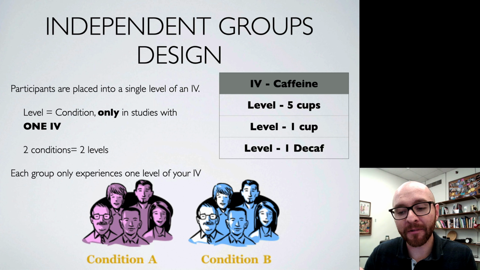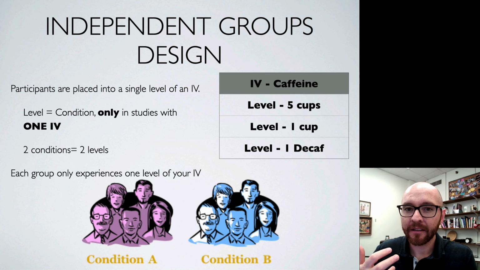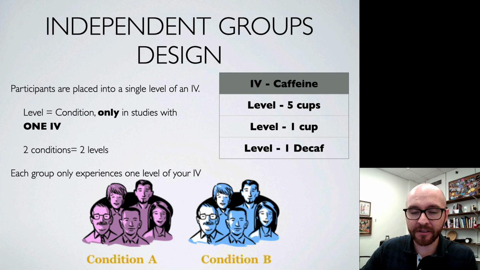Decaf in the morning and decaf in the afternoon, that's another 2. So you'd have 6 conditions if I added that second IV. So just keep that in mind. Refer back to this if you later on get confused about that.